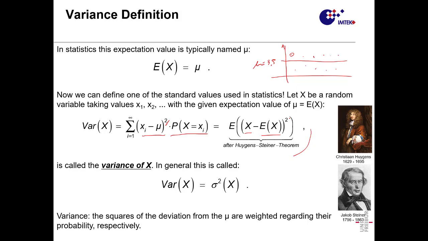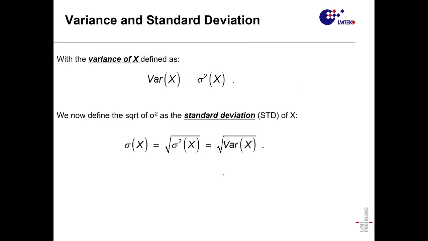Again, it's the difference between each point and the mean, amplified. Usually the variance is written as sigma square, to emphasize the square. And if you take the square root of the variance, you get the standard deviation.